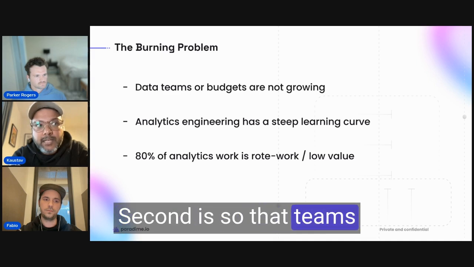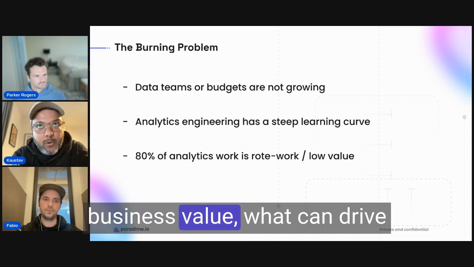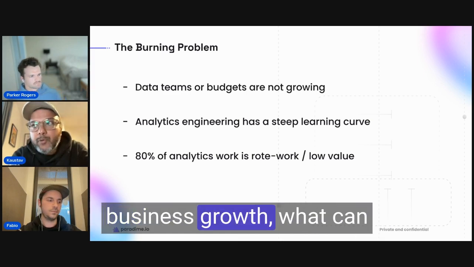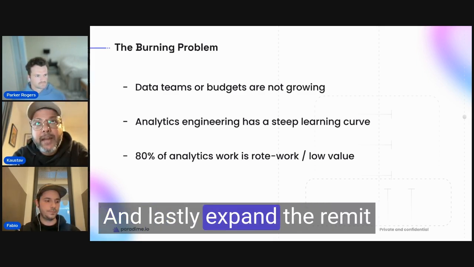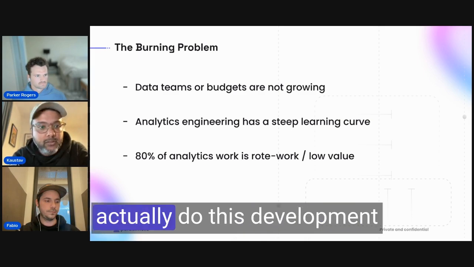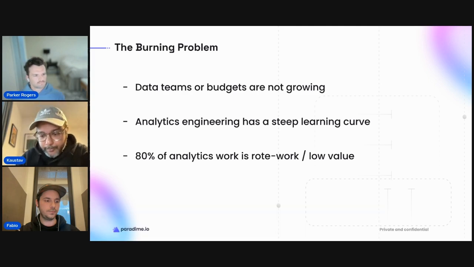Second, so that teams can really focus on what is impactful, what can drive business value, business growth, and revenue for the business. And lastly, expand the remit of how many people can actually do this development work across an organization.